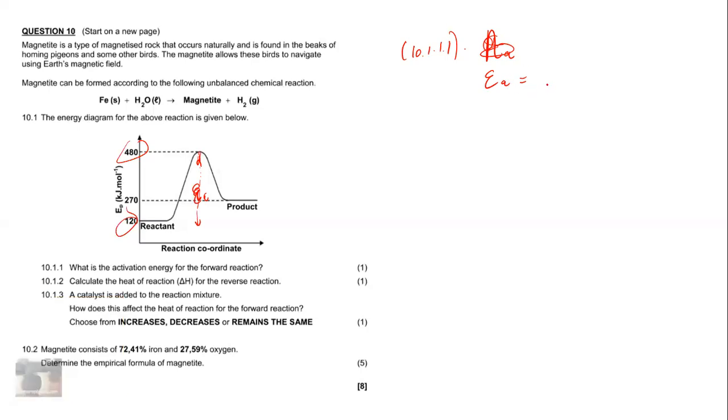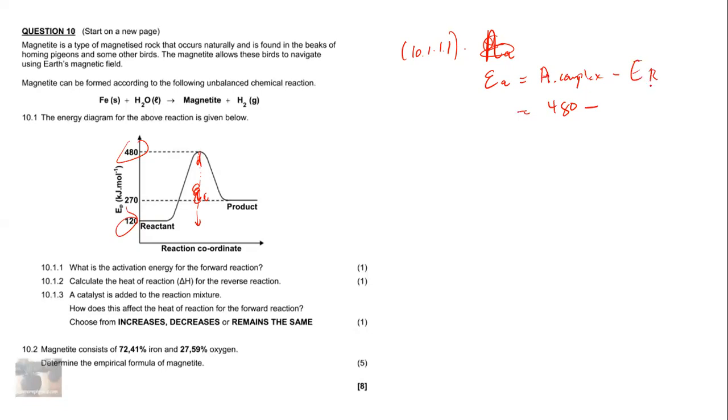Activation energy is going to be activated complex subtract energy of the reactants. So activated complex is 480 kilojoules per mole, the units. Okay, subtract. You guys, when you get to university, you're going to have to substitute with units. Okay, get used to that.